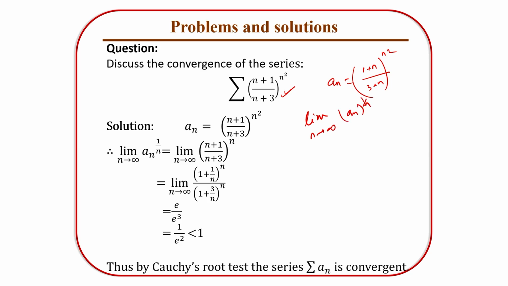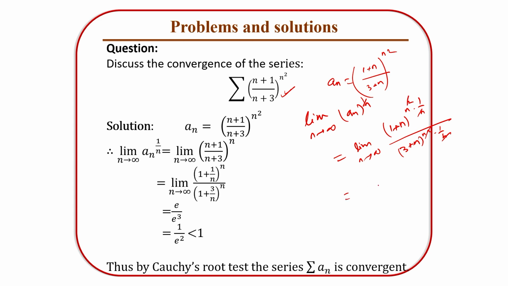So do this calculation. Limit n tends to infinity (1 plus n) power n square into 1 by n divided by (3 plus n) power n square into 1 by n, and n cancels out here.